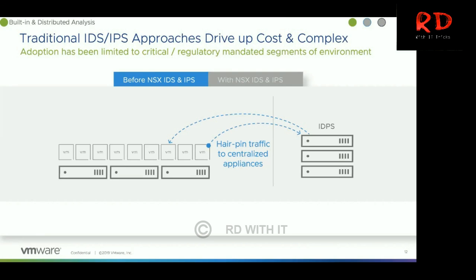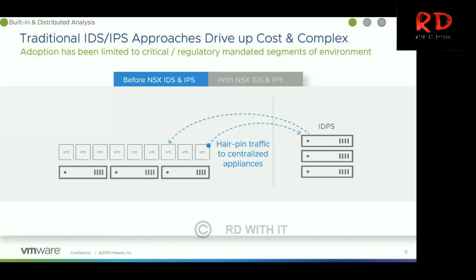you've got extra hops. But also in terms of the actual performance aspect, those physical IPS IDS boxes will always have a very specific and limited capacity because they're doing that inspection with CPU horsepower. They need a powerful CPU to do those deep packet inspections.